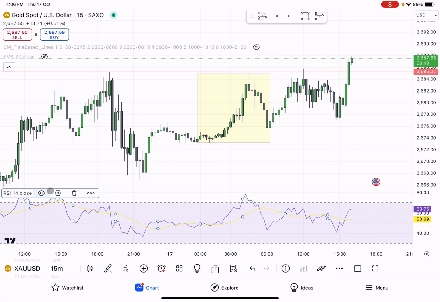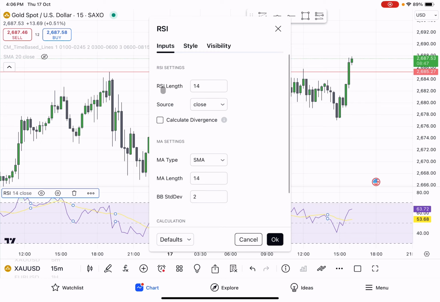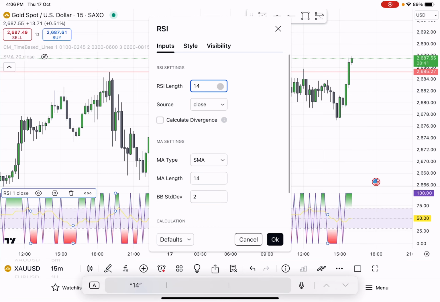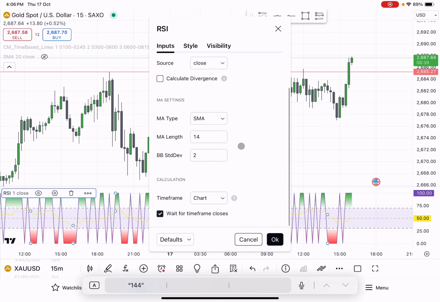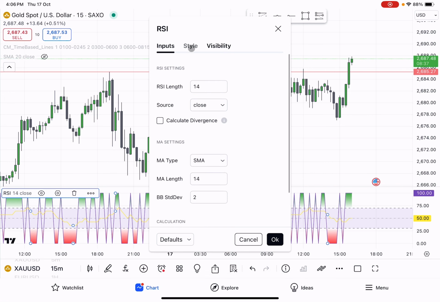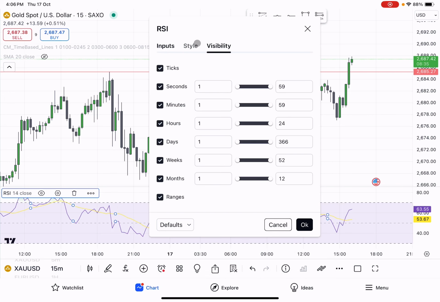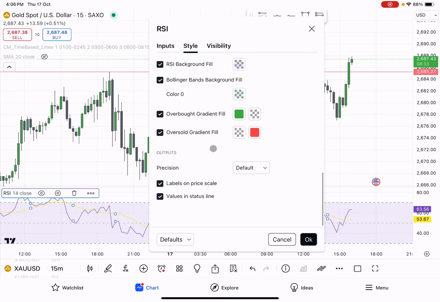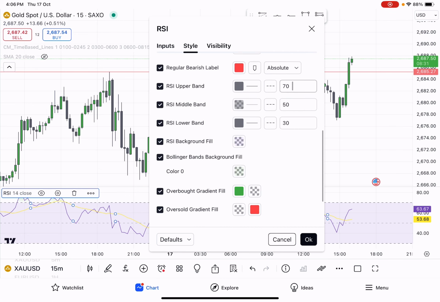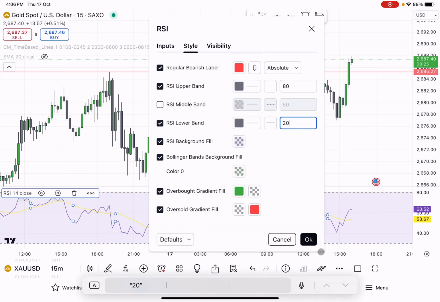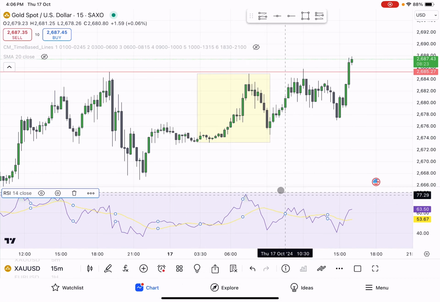If you click on the RSI settings, you can see that the length of the RSI is 14. This is what I was telling you because we are using a 14 period RSI. If you want, you can change it. And then, if you want to change the upper band to 80, and if you don't want a middle band, and if you change the lower band to 20, then this is how your chart is going to look.